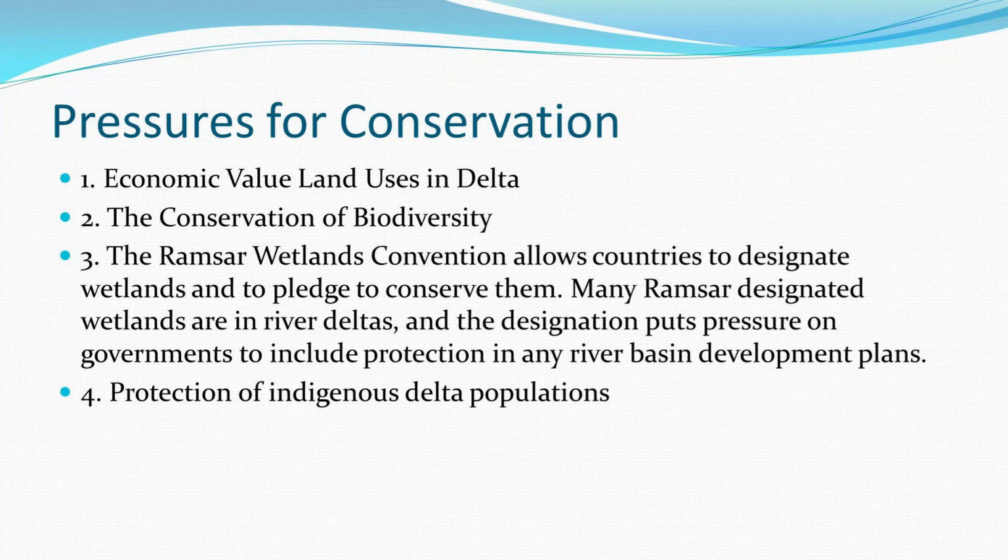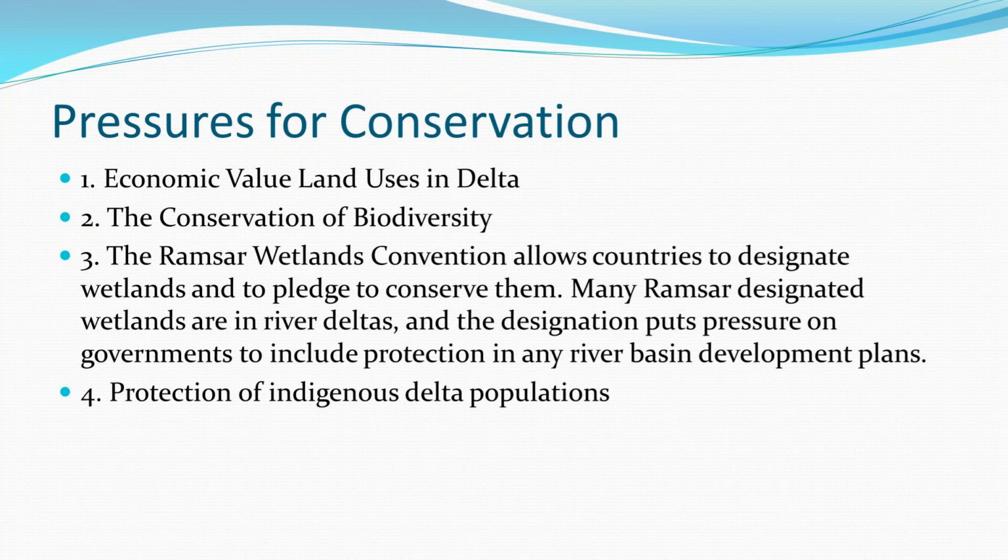From a legal perspective, we have the Ramsar Wetland Convention. This goes back to 1971. It allows countries to designate the wetlands of special significance, then pledge to conserve them.